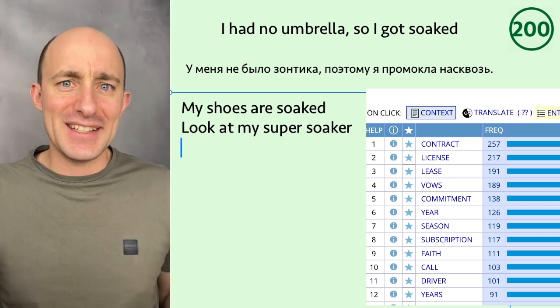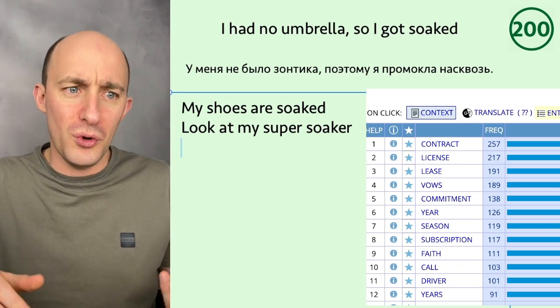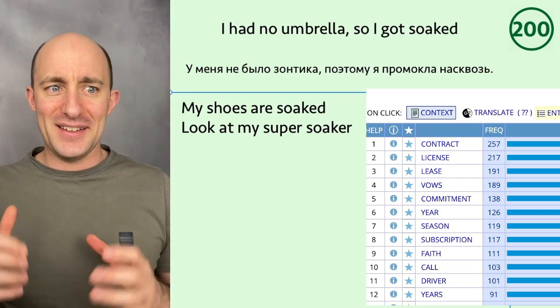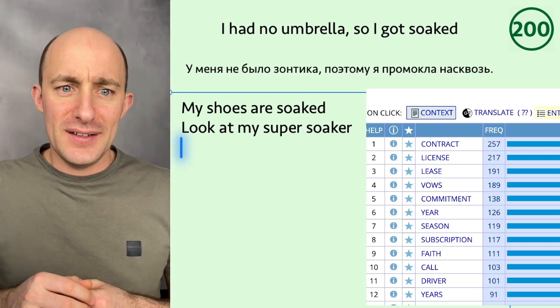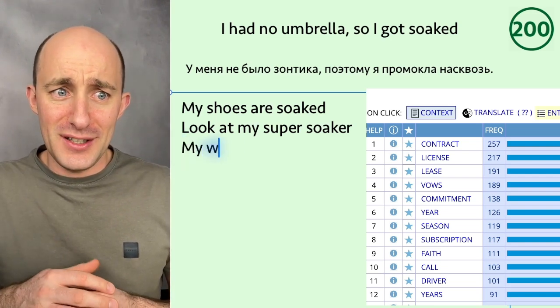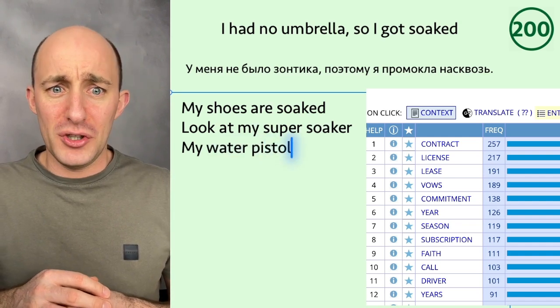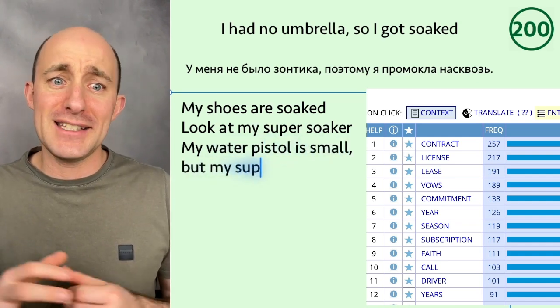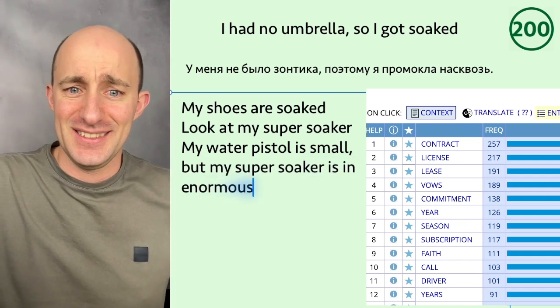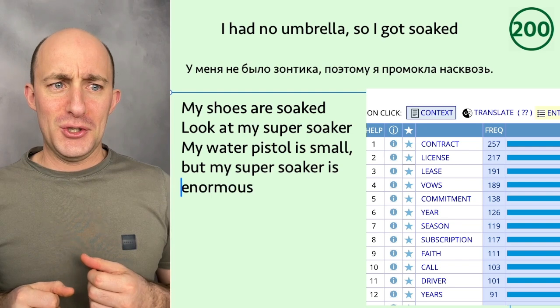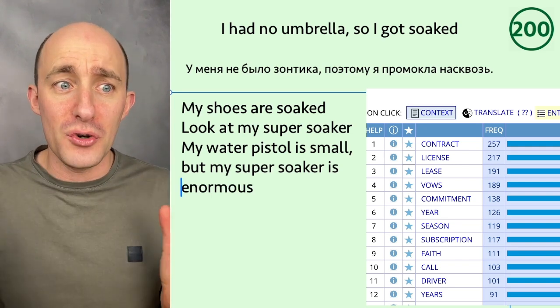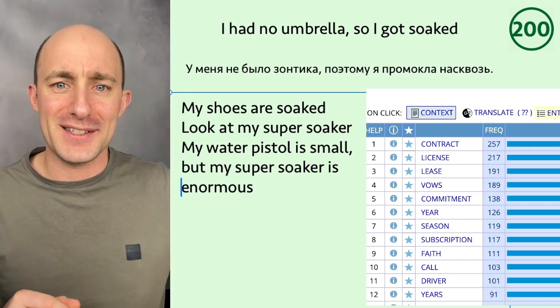So like kids love super soakers. You can call them water pistols. But if they're not just little ones, like a water pistol. My water pistol is small, but my super soaker is enormous. Little water pistol, big super soaker, because you can soak people with it.